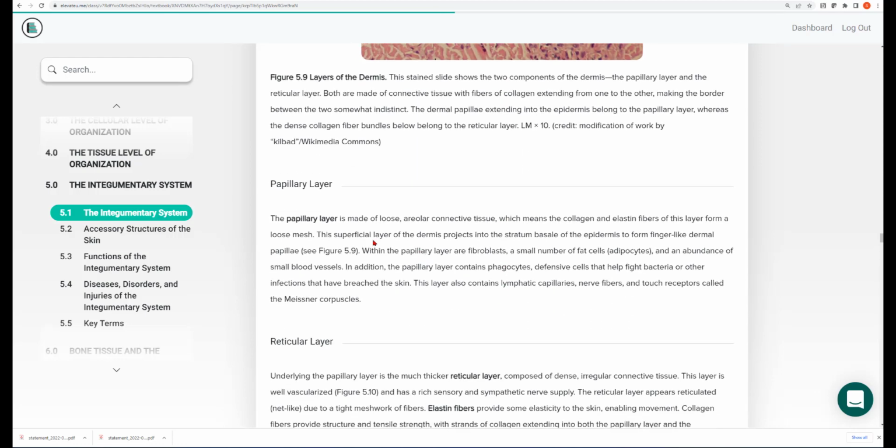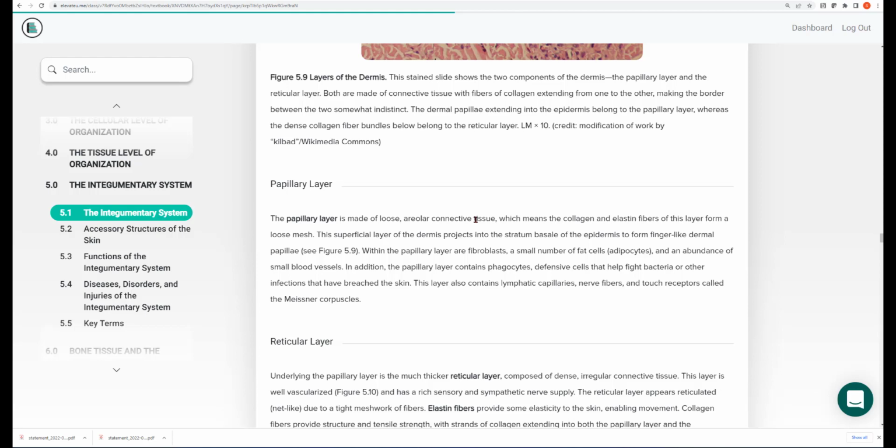So I just mentioned the papillary layer is the more superficial layer. Now, in the histology presentation, I said that there was loose areolar connective tissue kind of all over the place. And there's a couple of places where you can point and say, there is a concentration of that areolar connective tissue.